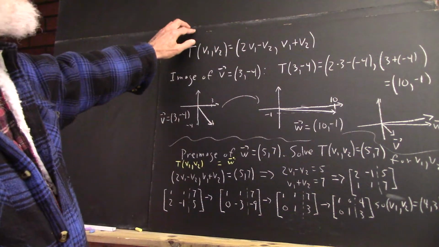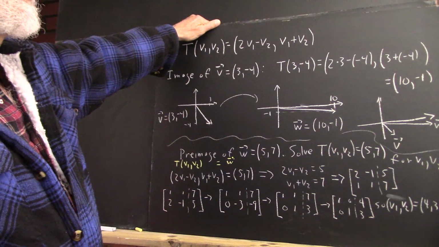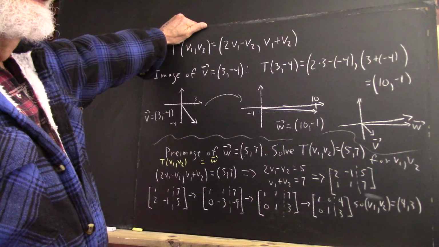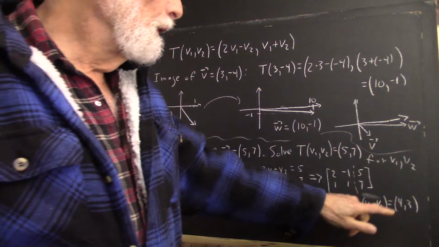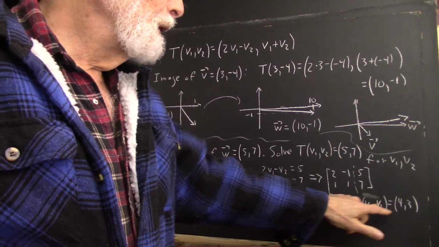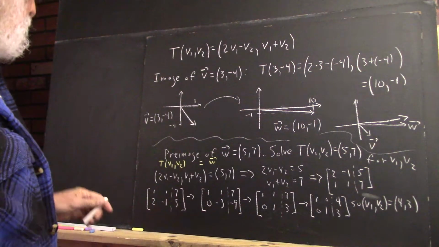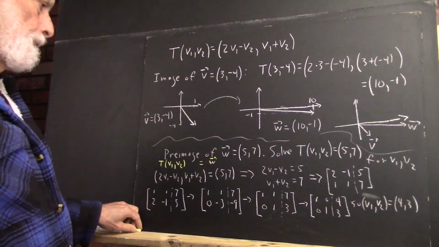Okay, let's clarify it. This board is a little further over there, I should have checked that. V1, V2 is 4, 3. Now what does that tell us on this picture?